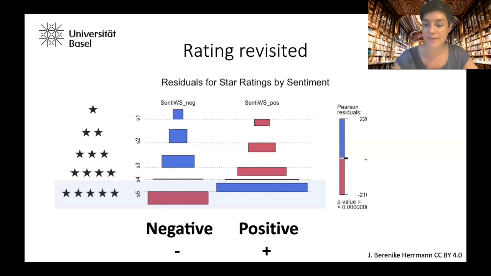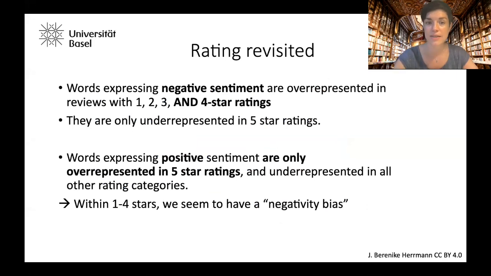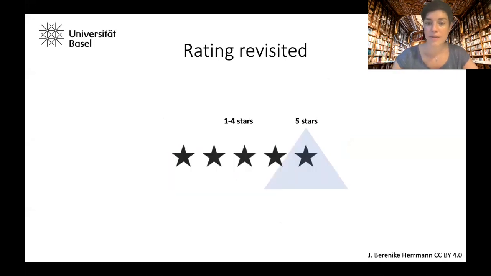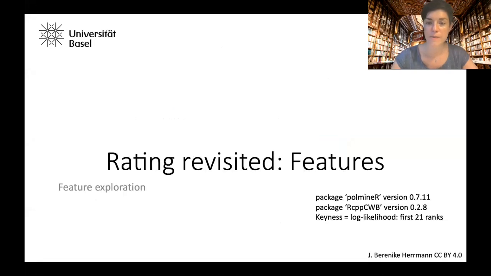This is showing that it's just the 5 stars that are really positive, and 1 to 4 stars is something, but it seems to be more negative. So yes, that doesn't really say much. It's the beginning of research ideas.